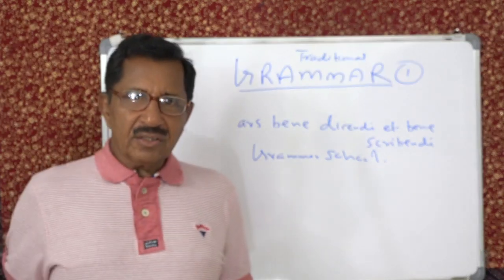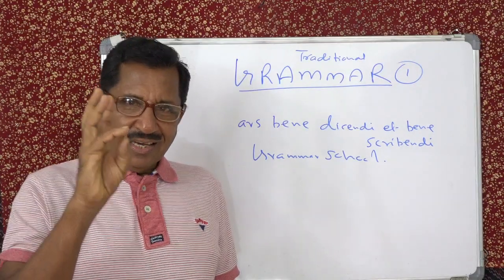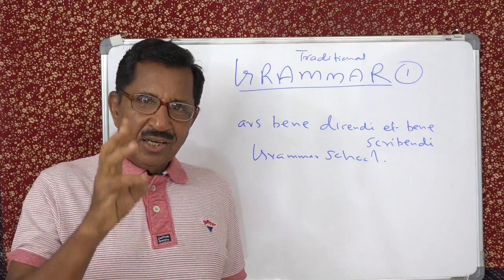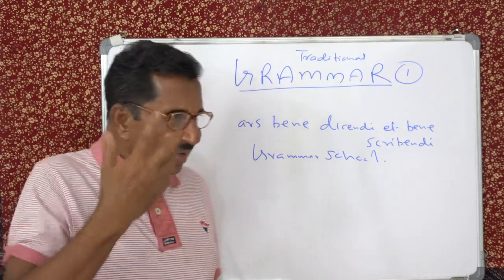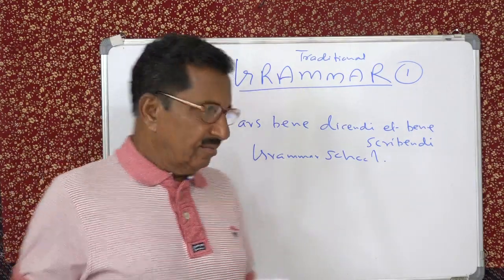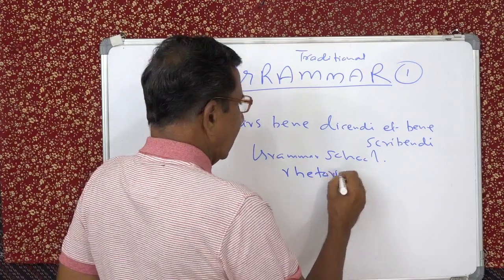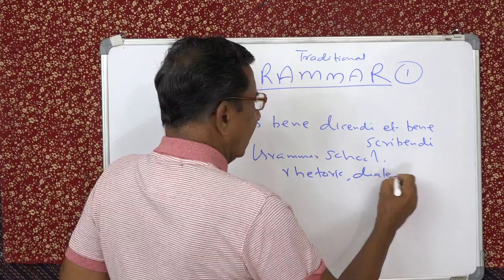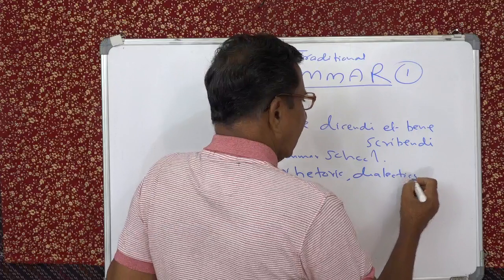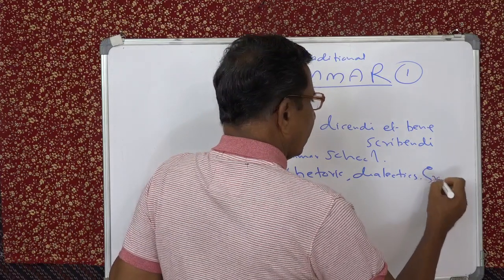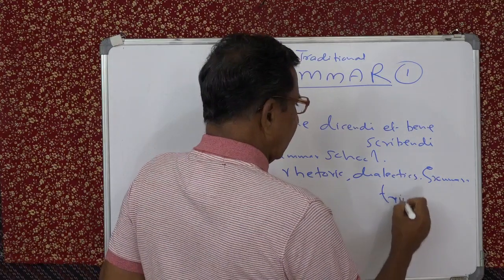So in the good old days, there were only three subjects taught: grammar, dialectics, which means argument, and rhetoric. We call them the triumvirate.